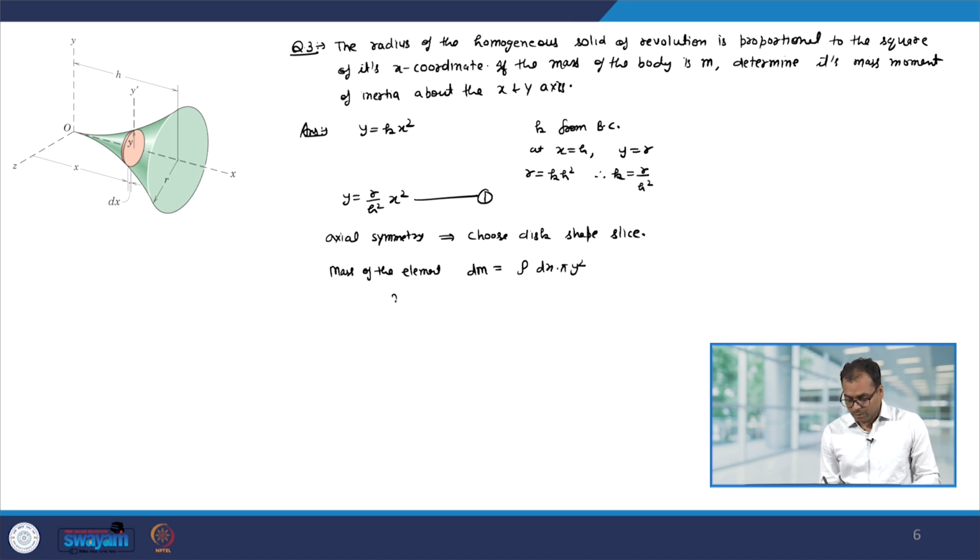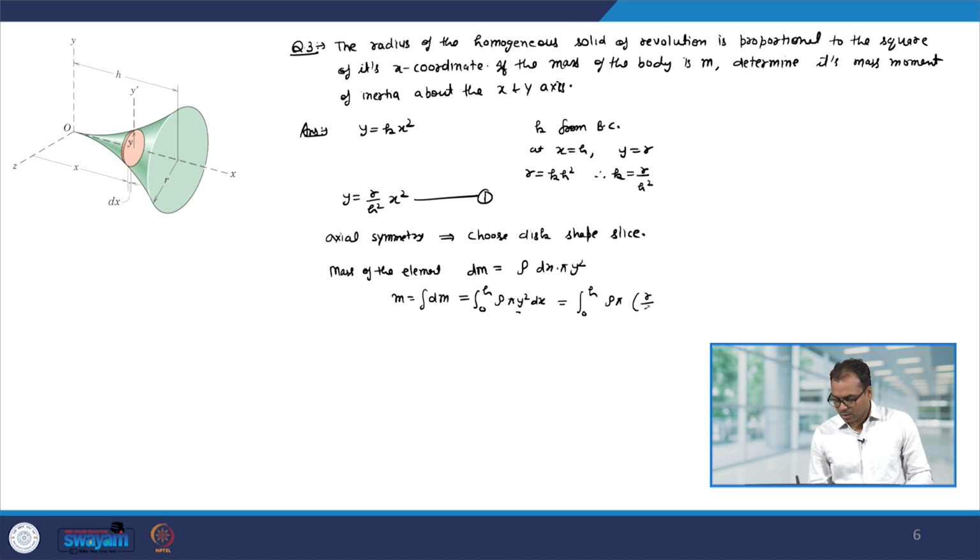Therefore, the total mass of this object will be integral dm equal to integral 0 to h. Now, dm is rho pi y square dx, and to find this integral, let us put the value of y from equation number 1. So, that will be 0 to h rho pi, y square is r over h square x square, whole square, into dx.